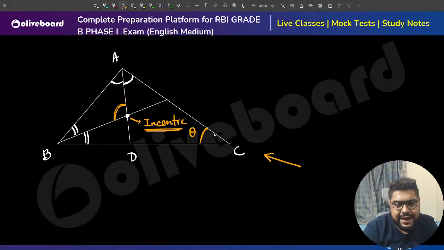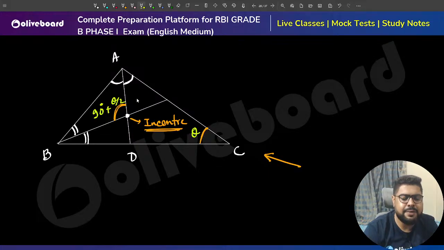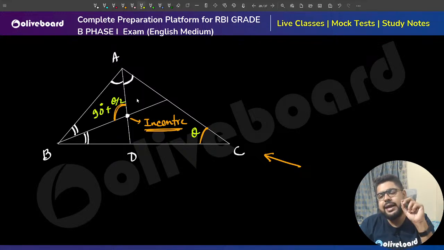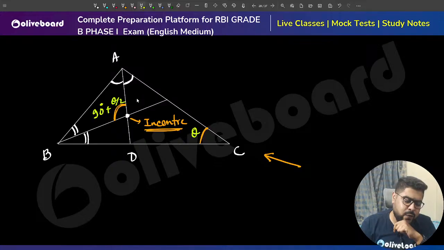If this angle is theta, then this will be 90 degree plus theta divided by 2. This is the relation. When we are talking about angle bisectors, when we are talking about the in-center, this angle must be on the in-center.